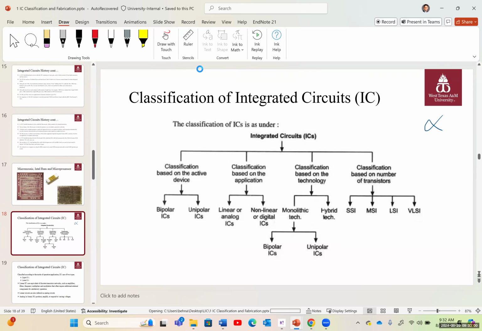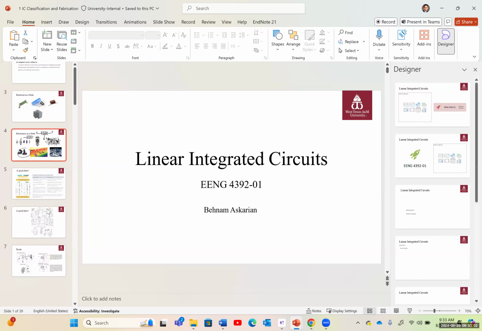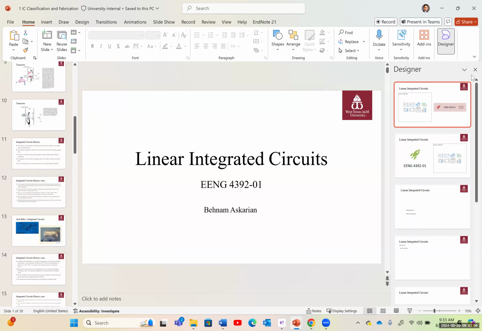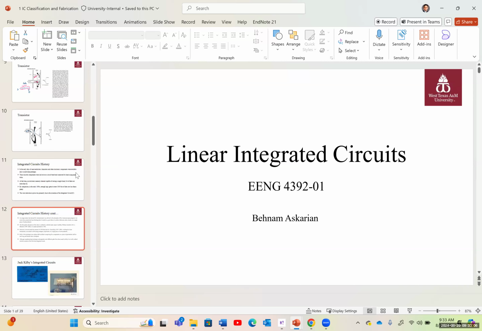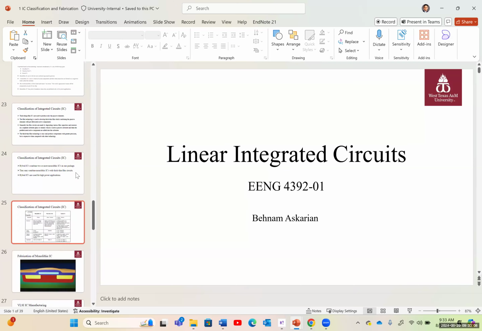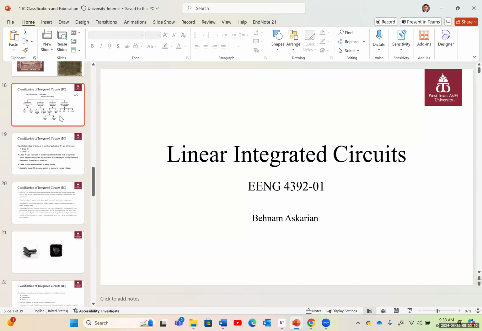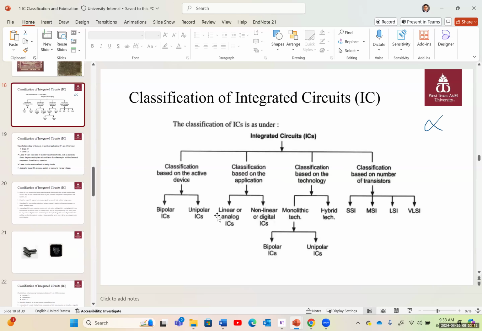So for the classification, as mentioned in the last class, there are different ways to classify ICs. The classification based on the active device, we have bipolar ICs and unipolar ICs.